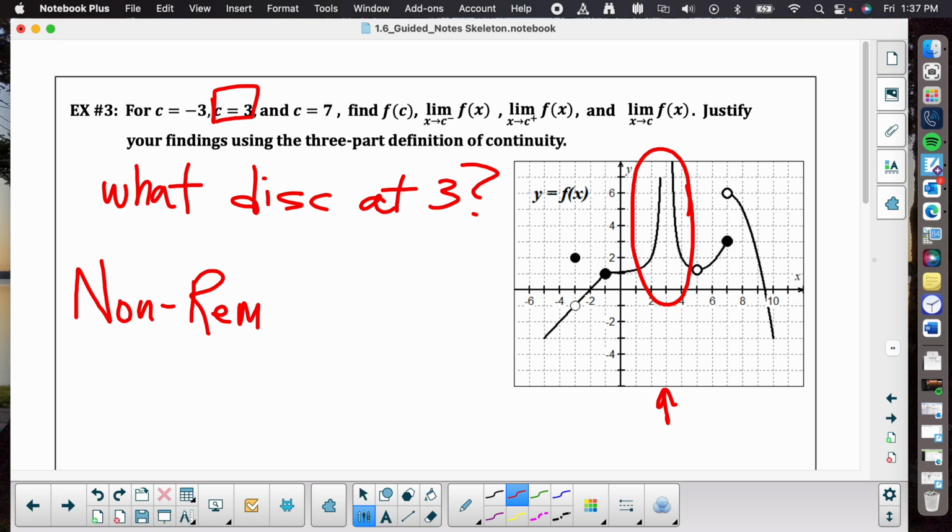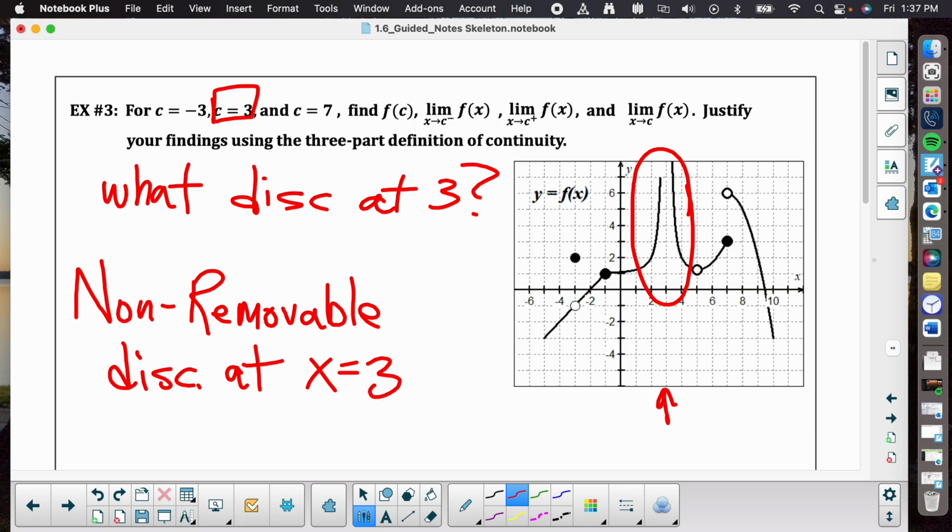What does that match on those pictures? I don't get what you're trying to ask. Oh. Well, I'm writing the answer. I thought you were gonna say it while I was writing it. Out of removable, infinity, and jump discontinuity, which one is that?